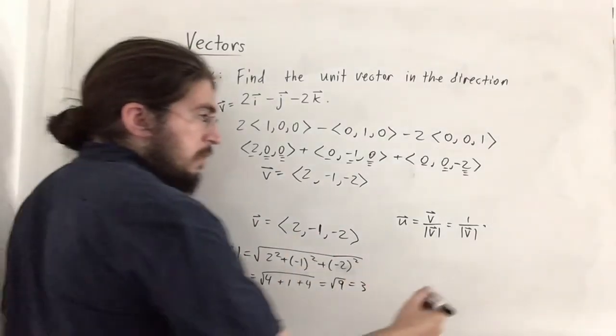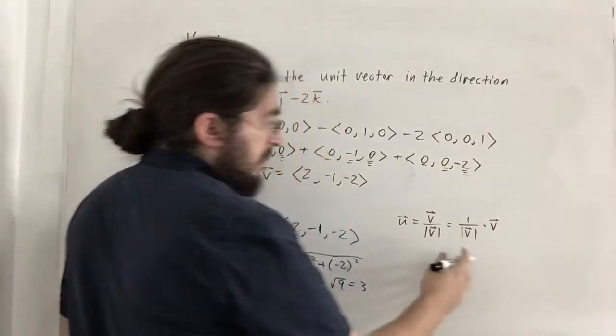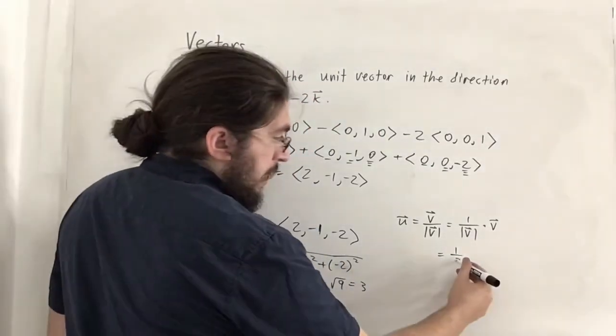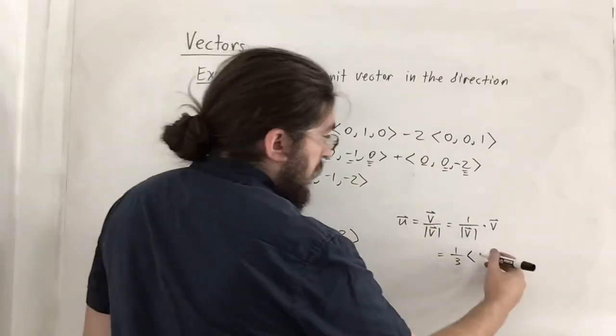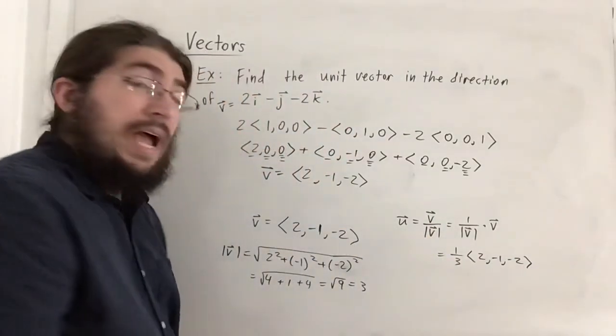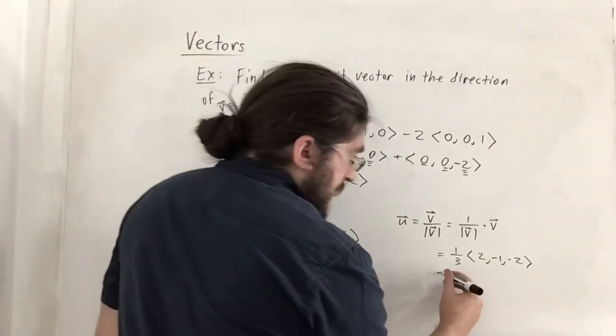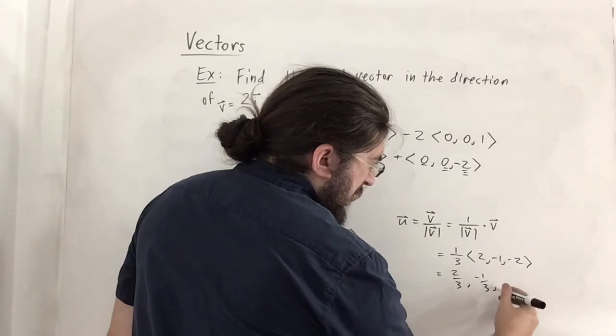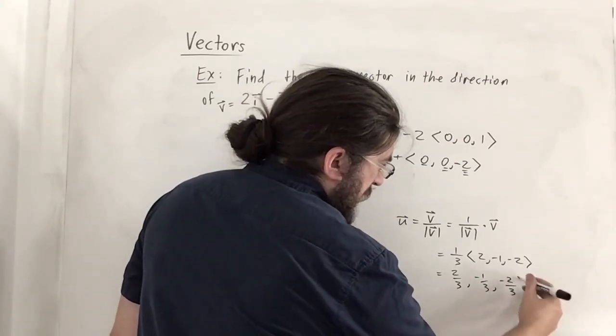So this really is going to be 1 over the magnitude, which is 3, times the original vector v, which is 2, negative 1, negative 2. If we actually scale it in, then we get 2 over 3, negative 1 over 3, negative 2 over 3.